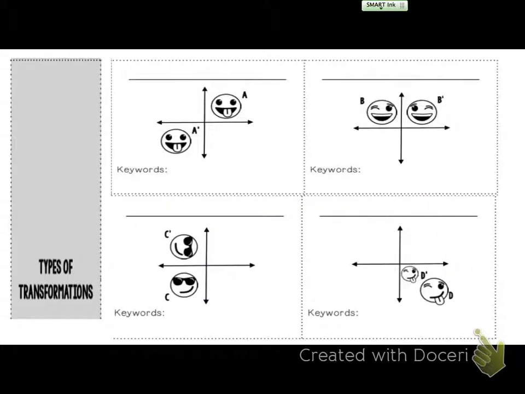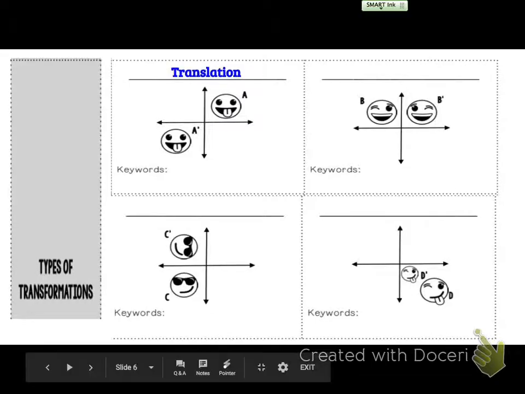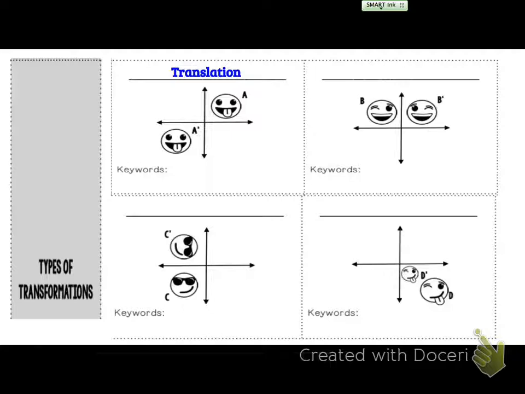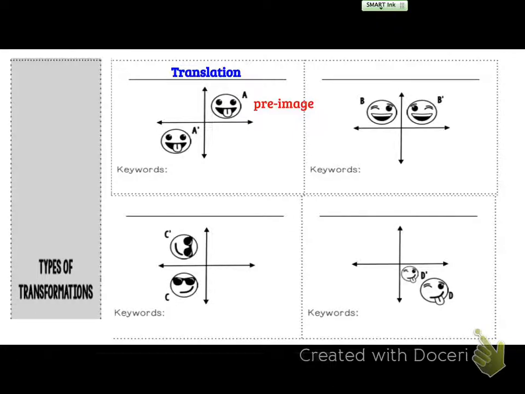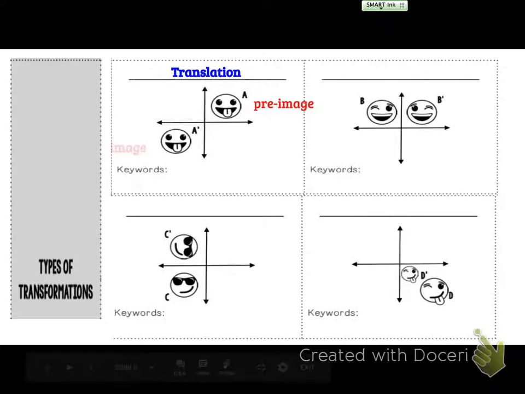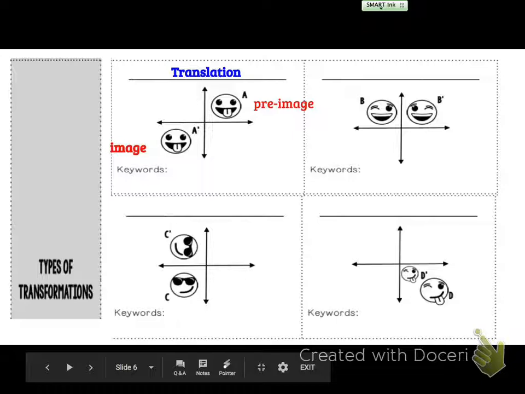These are the types of transformations we're going to look at over this week and next week. The first type is called a translation. You have your pre-image, the smiley face with the A, and then you have your image, which is your A prime.